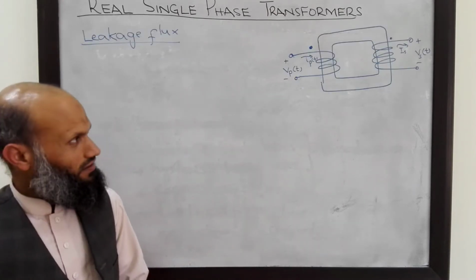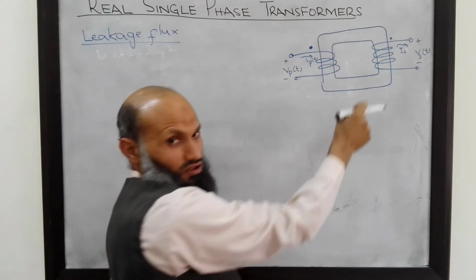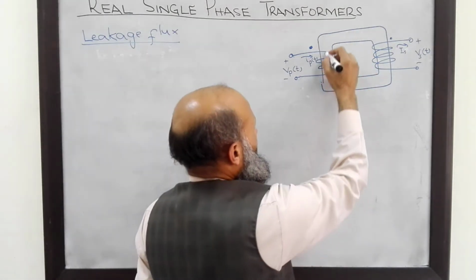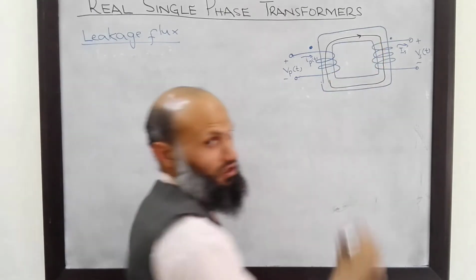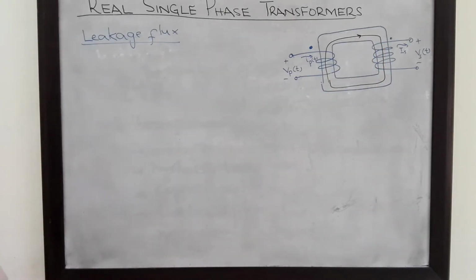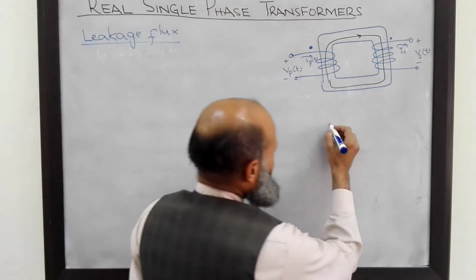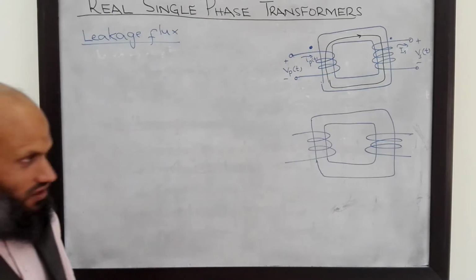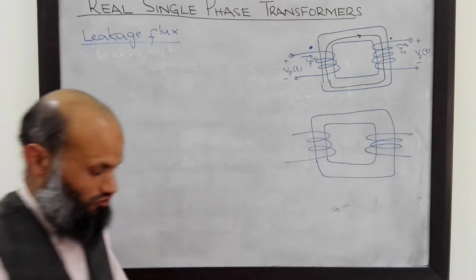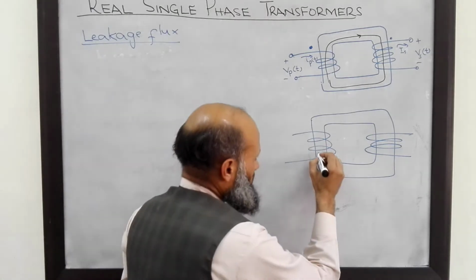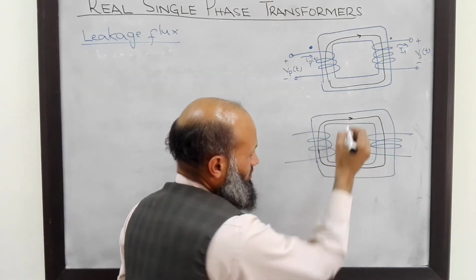In an ideal transformer, the reluctance of the core is 0 and all of the flux is constrained in the core of the transformer and there is no leakage flux. Compared to that, in a real transformer, flux has one path through the core. So most of the flux will be flowing through the core of the transformer.